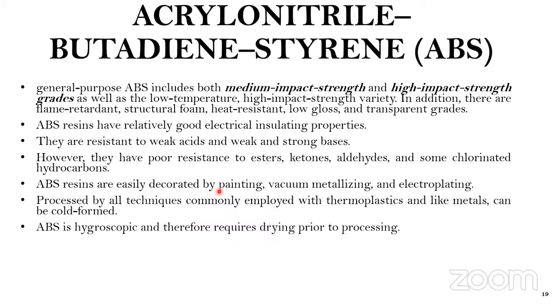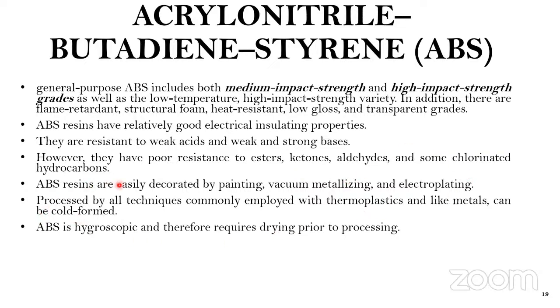ABS resins can easily be decorated by painting, vacuum metallizing, and electroplating. Here also that can be done. It means that wherever you use this ABS resin, you can do the painting, vacuum metallization, and electroplating.